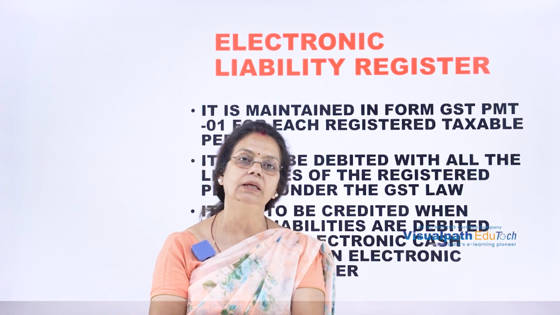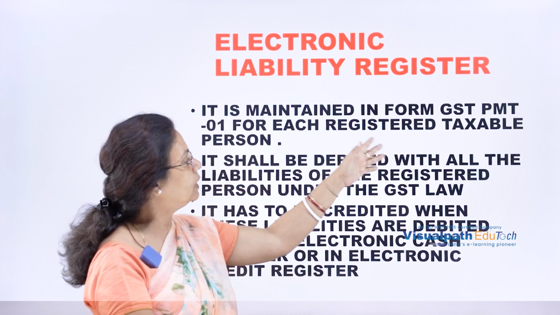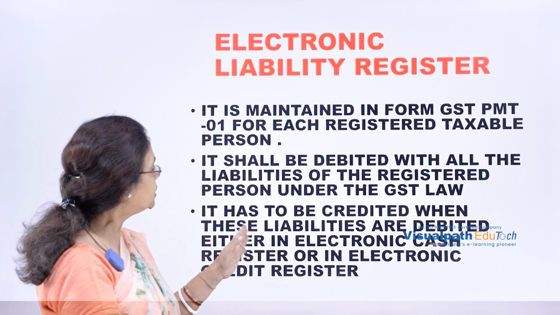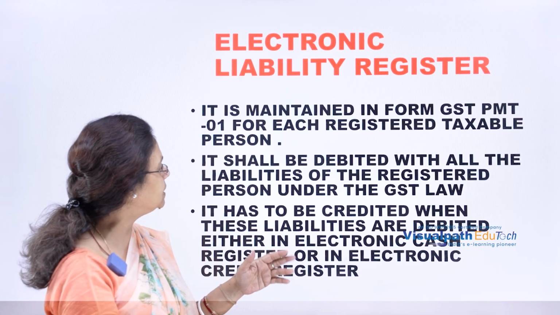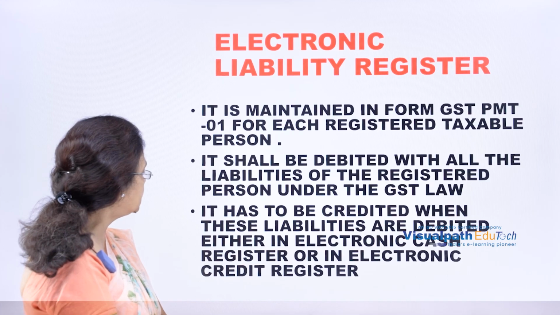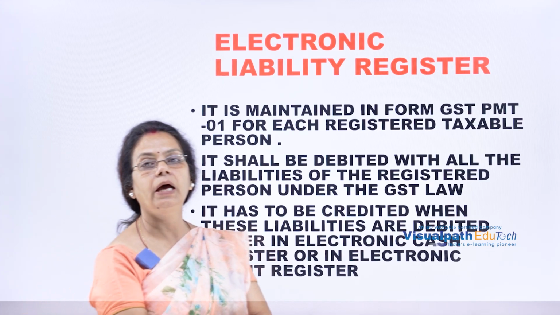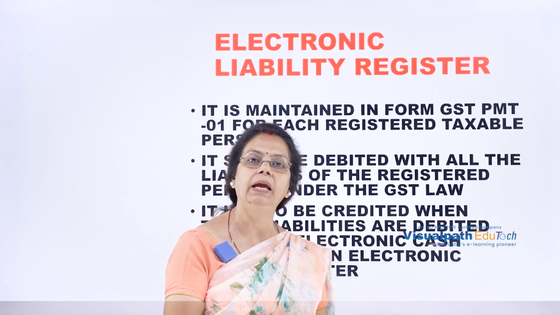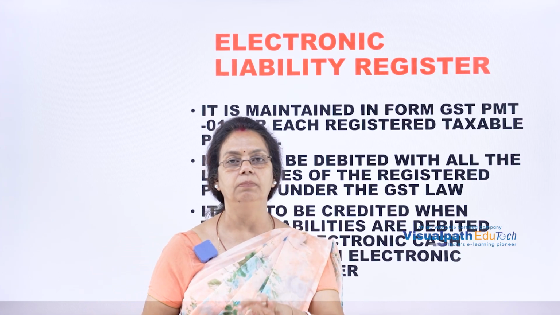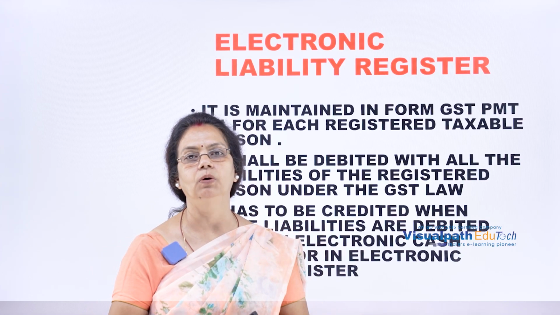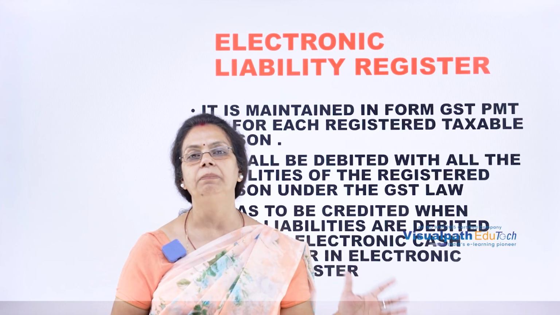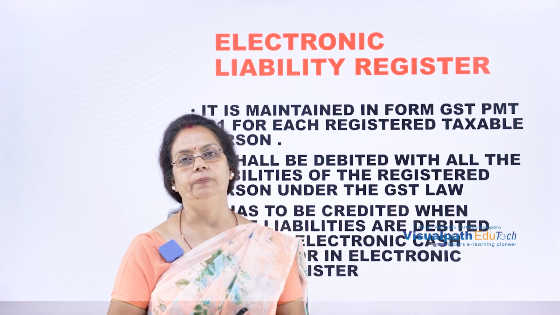So the amount the taxpayer has to pay has to be debited. It is credited when these liabilities are paid, either through the electronic cash register or the electronic credit register. Till the time it has not been paid, it will be shown as a debited amount. As soon as the amount has been paid by the person, it will be treated as a credited amount.